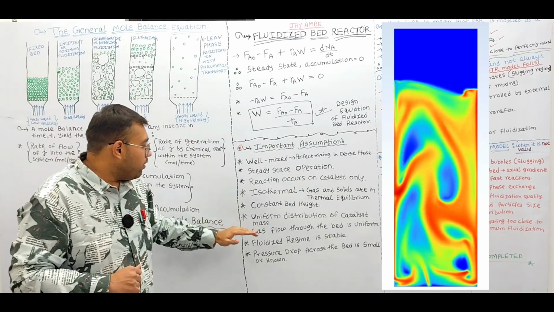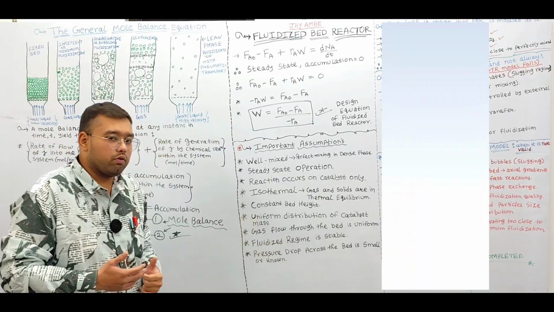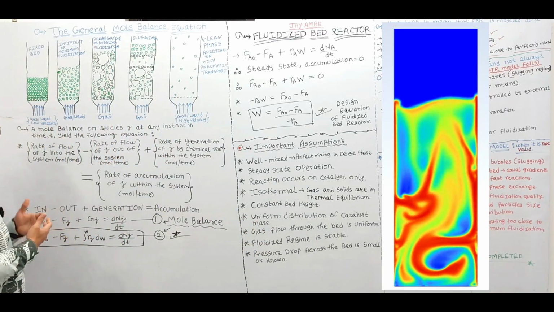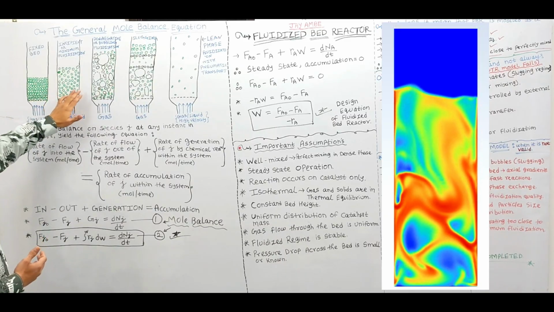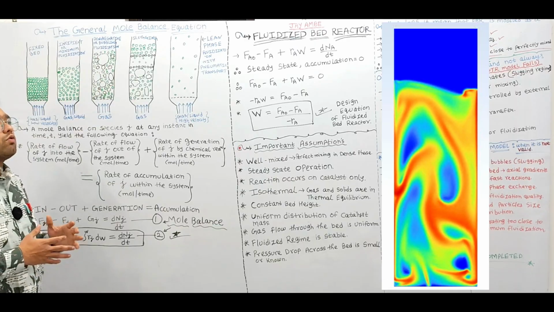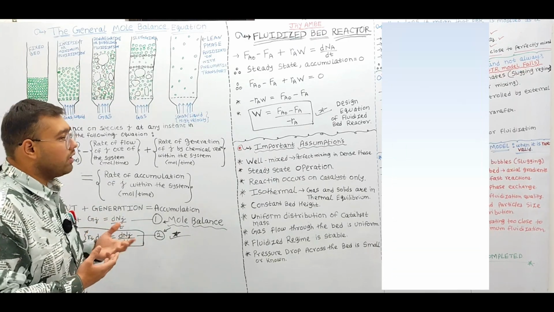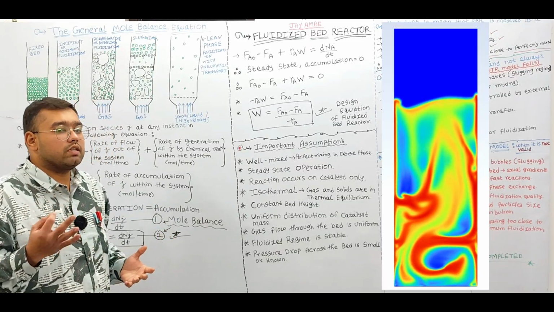Okay, the next assumption is uniform distribution of catalyst mass. So we need to ensure the uniform distribution of all the catalyst mass in the entire reaction environment in the fluidized bed reactor. There should be no bypassing, no channeling in the fluidized bed reactor, and there should be no dead zones.